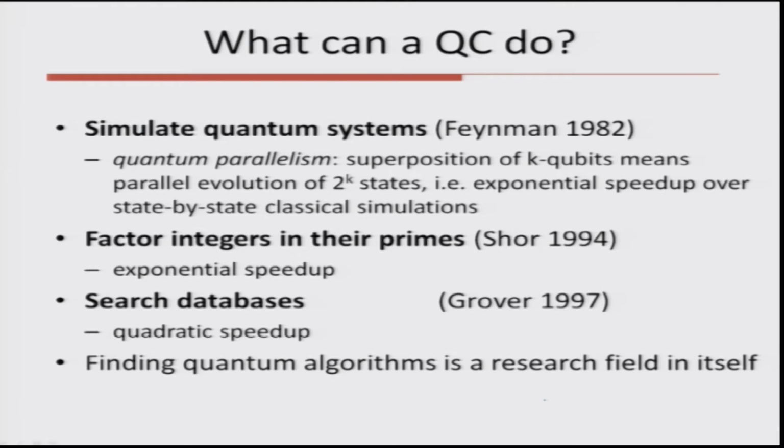Interestingly, way back in 1982, Feynman essentially looked at quantum computing from a different perspective. He was not thinking in terms of a computer that can be faster or something. He looked at it saying that since all natural processes are at the fundamental level quantum mechanical, by using quantum computing you can realistically simulate quantum systems.